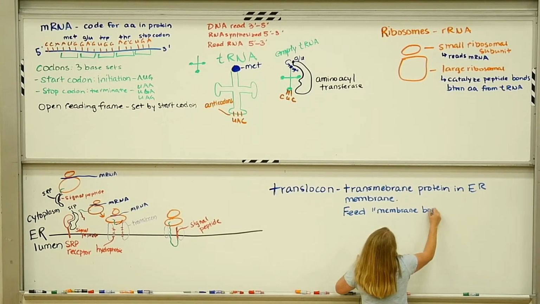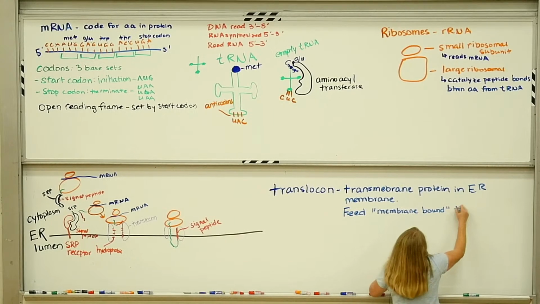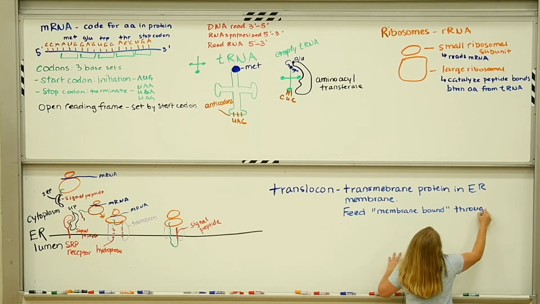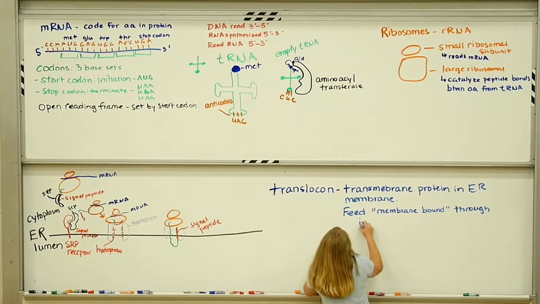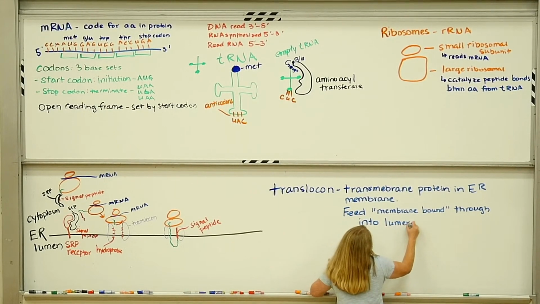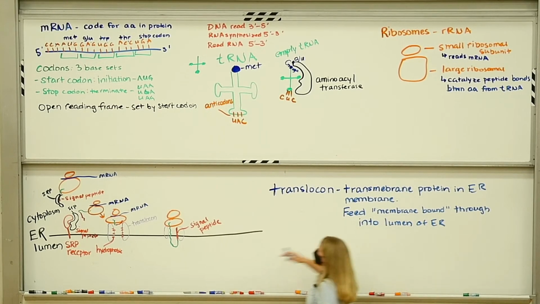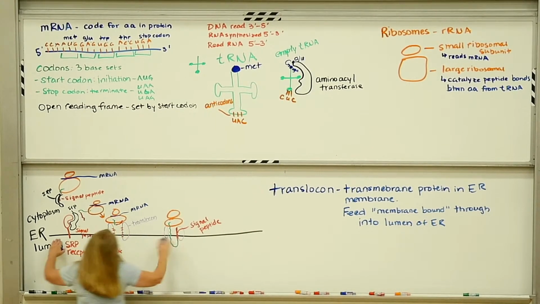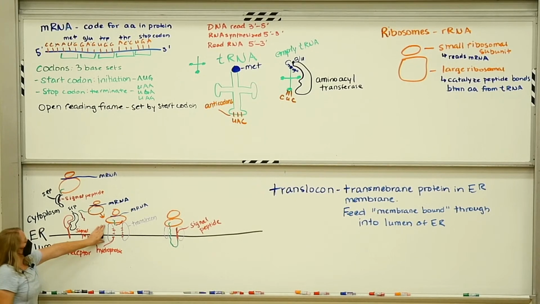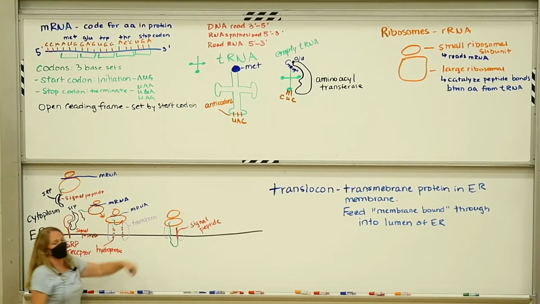So any of your transmembrane, lysosomal, or secreted proteins will feed through this to get to the lumen of the ER. Okay, so this was your ER lumen here. Your translocon was just that transmembrane protein that created a pore into that membrane so that you can push your protein in.